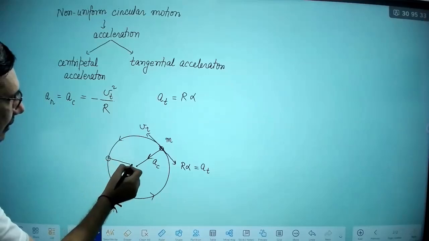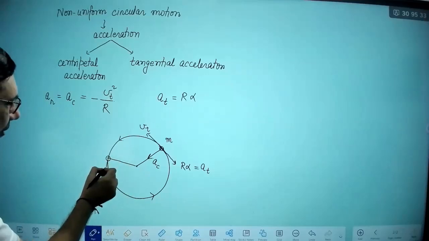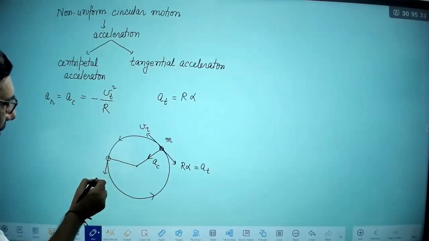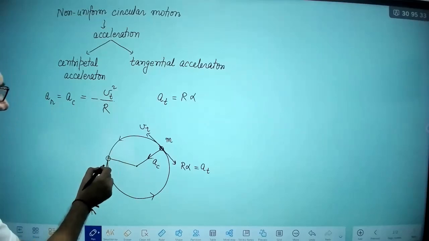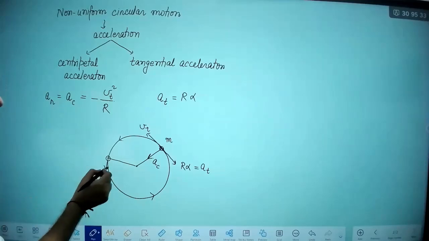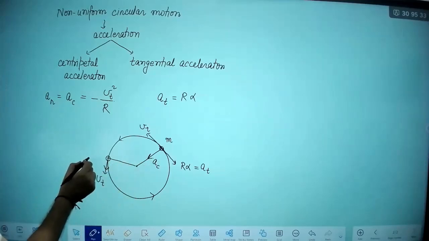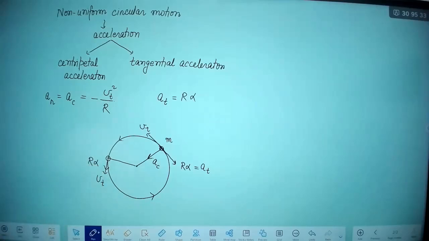But if you look at the other half, in this situation tangential velocity Vt will be in this direction, and this acceleration will also be in this direction. This will be R alpha. So here basically this is the accelerating zone.